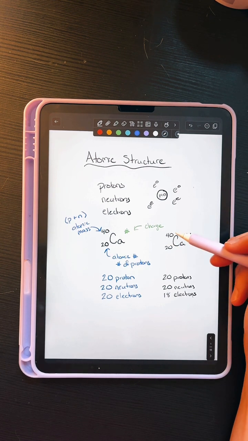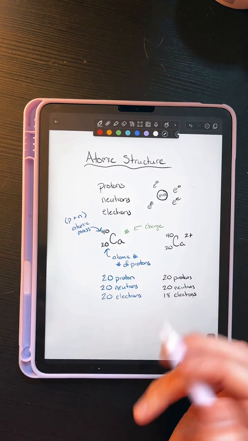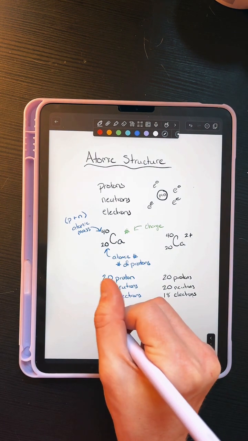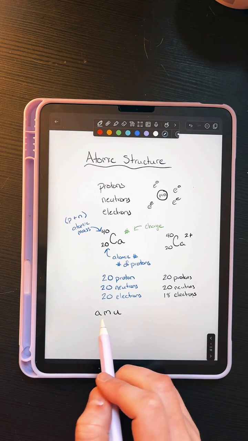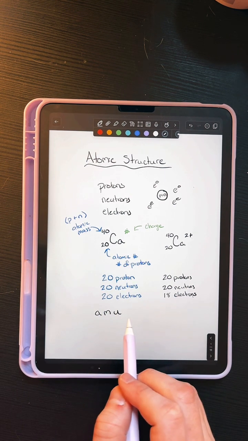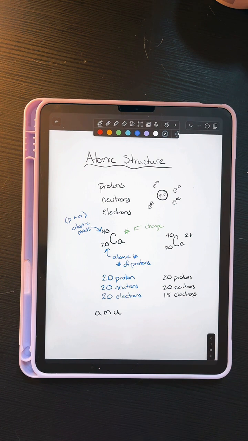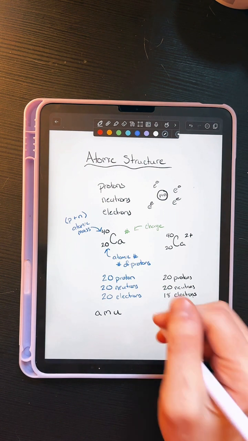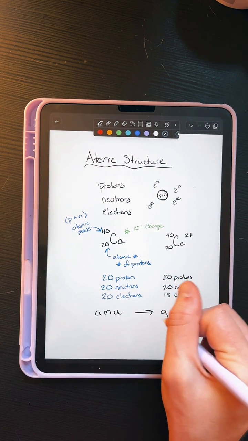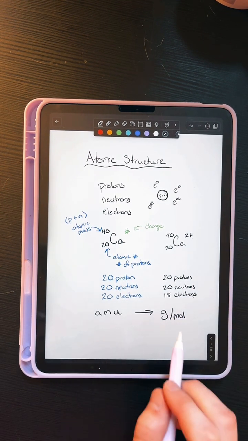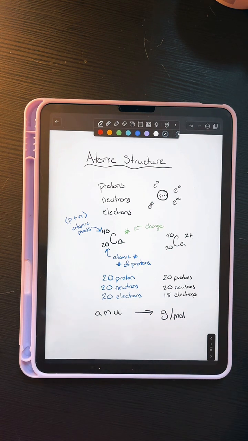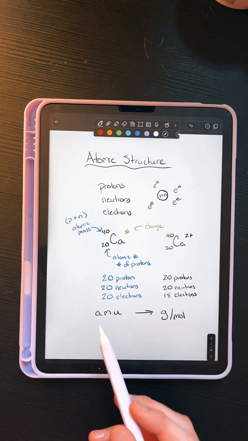This mass number, this 40 up here, that is our atomic mass unit, or atomic mass, and has units of AMU, which is atomic mass unit. A lot of people get confused with atomic mass unit because later on, we start talking about grams per mole. These are essentially the same thing. AMU is essentially the same thing as grams per mole.